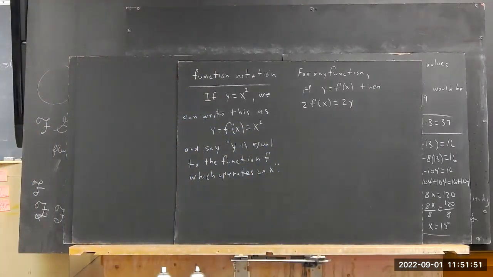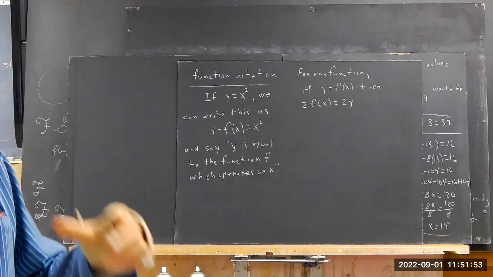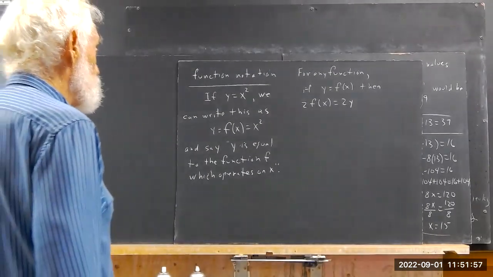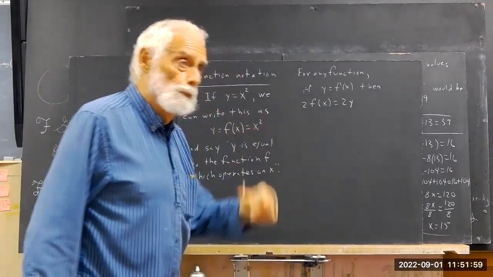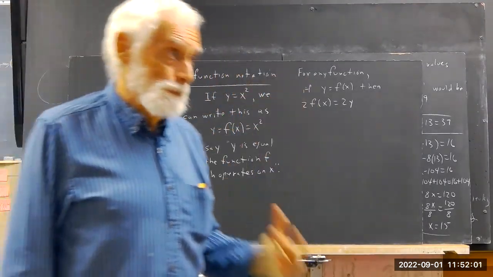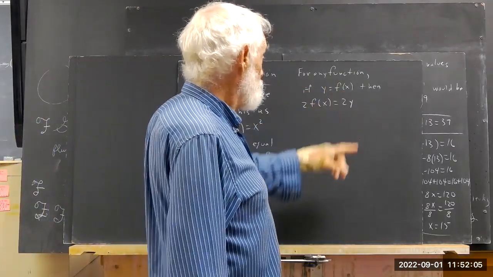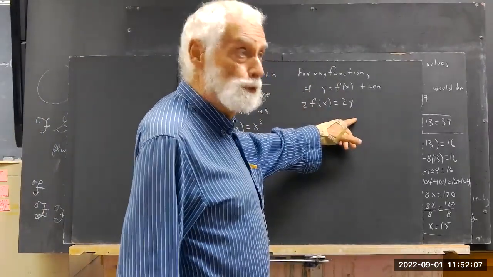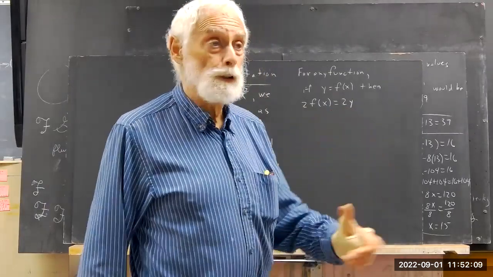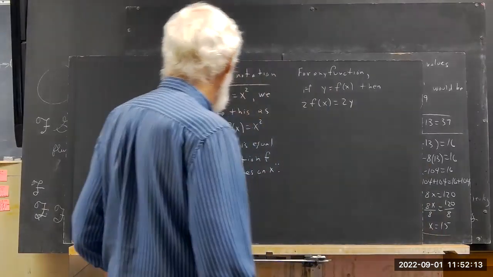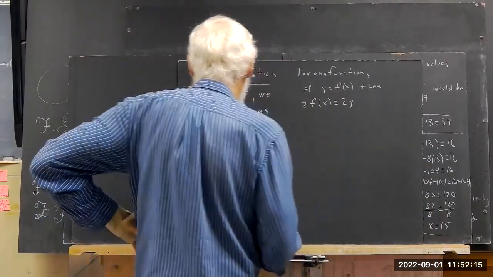We usually wouldn't bother to say that, but it's just an example of how we can talk about any old function. It doesn't have to be y equals x squared or y equals 2 to the x or y equals 1 over x. Any function, okay? Obviously, if y equals f of x, then 2f of x equals 2y. And 2f of x is actually a new function based on f of x, in a very simple way. Okay.